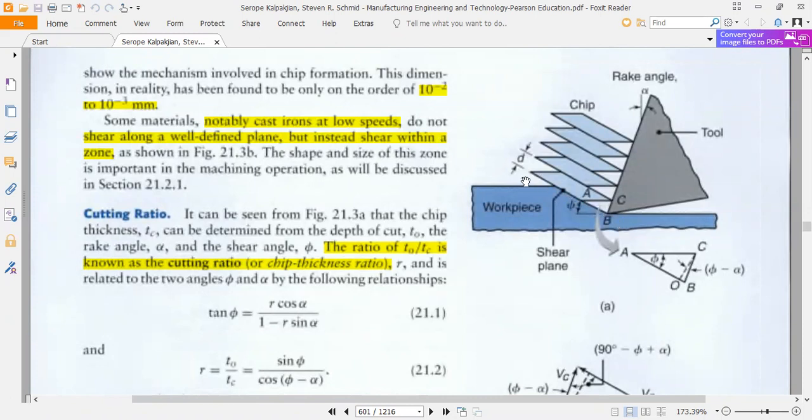However, in the case of cast irons, which are brittle materials, when they are machined at low speed, the shearing of the metal does not occur at a very defined plane. Instead, the shearing occurs within a zone. This straight line turns into a curved zone in which the shearing takes place.